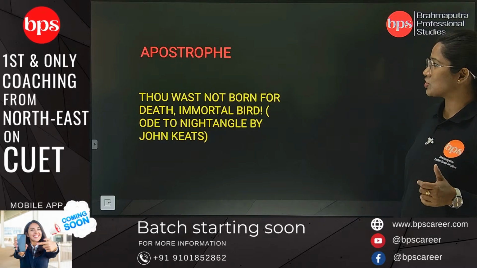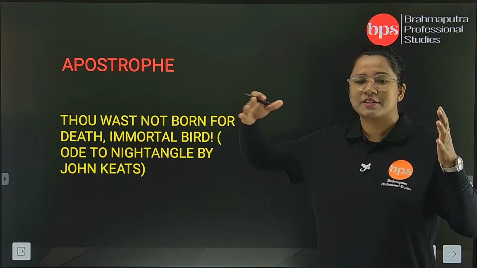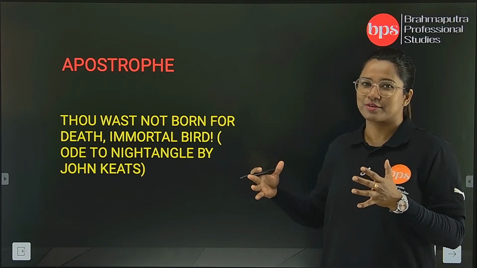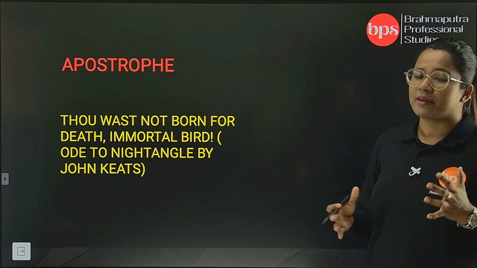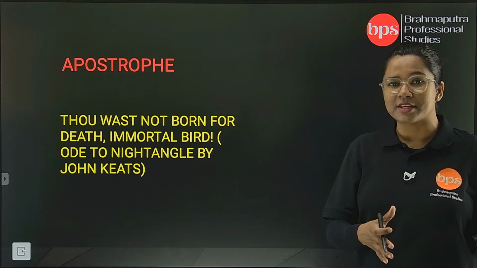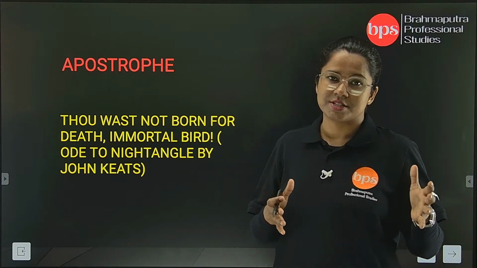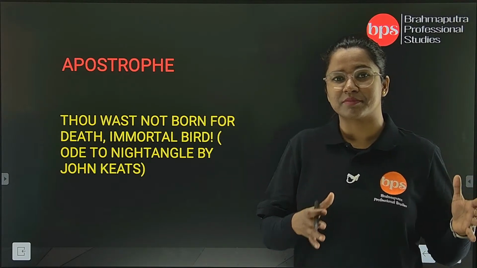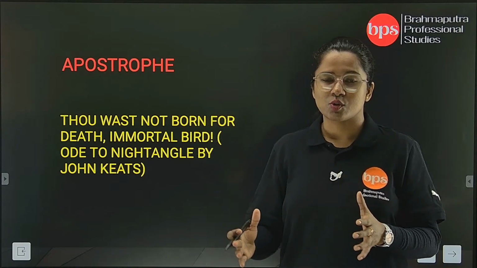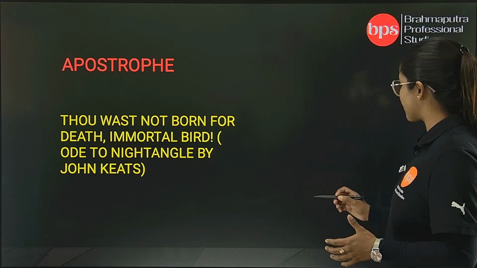So for figures of speech, the first one is a simple one, so that the intensity will get a bit higher as the session goes on. Apostrophe is the figure of speech where the writer or the poet is referring to something or someone directly or indirectly.